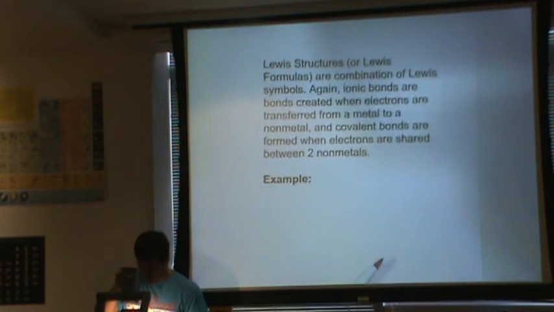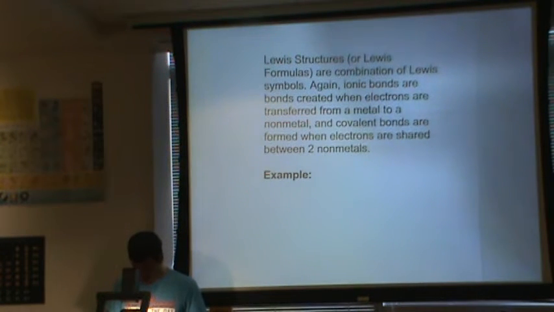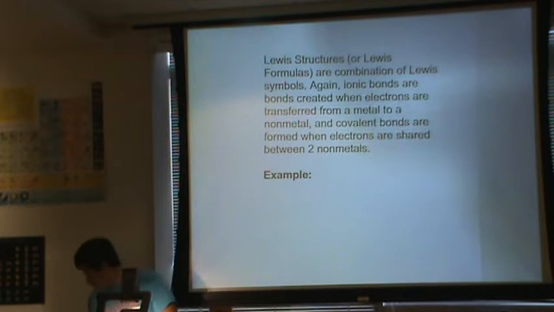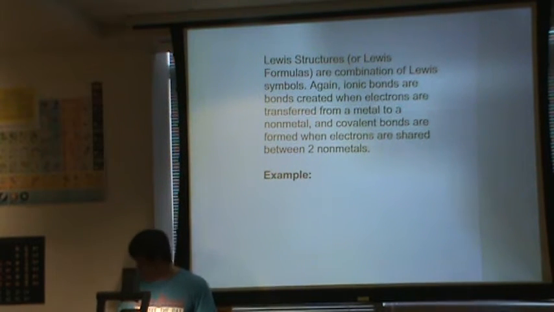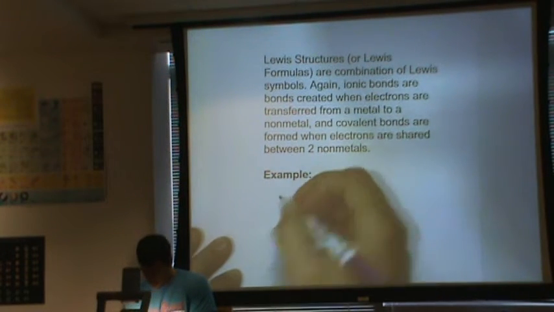Again, ionic bonds are bonds created when electrons are transferred from a metal to a nonmetal, and covalent bonds are formed when electrons are shared between 2 nonmetals. So I'm going to do an ionic bond between a metal and a nonmetal, and a covalent bond between nonmetals. As an example, let's do sodium chloride.